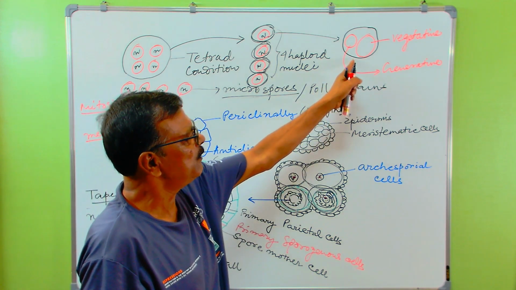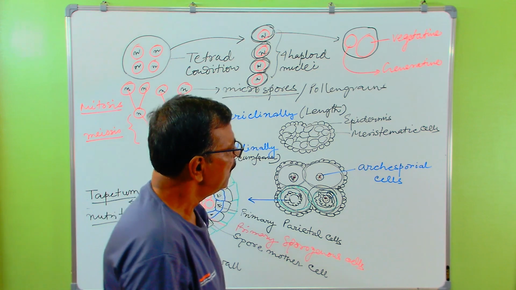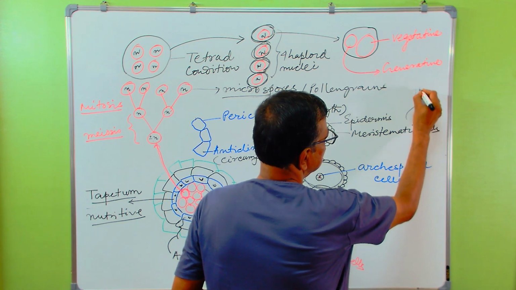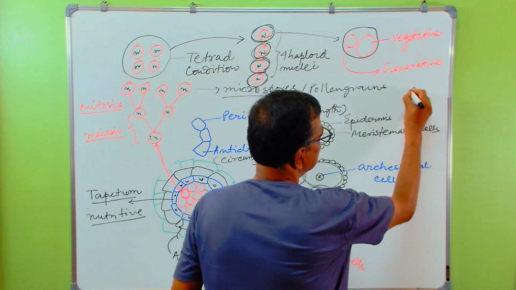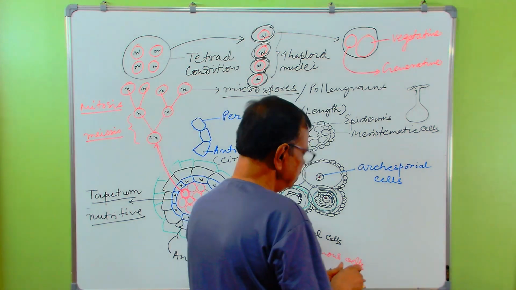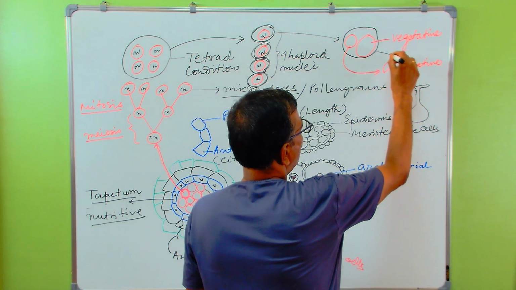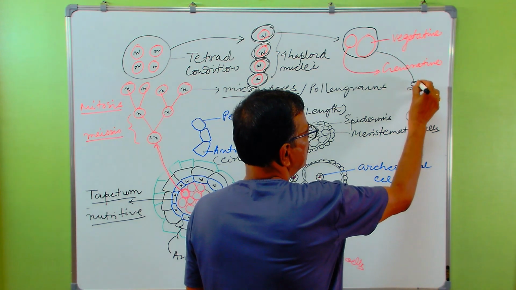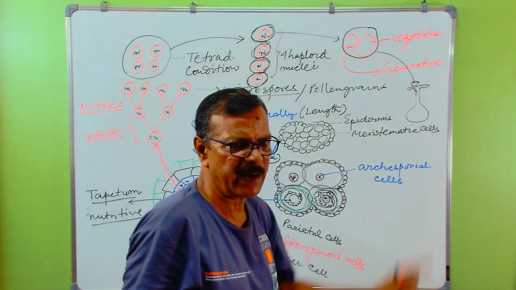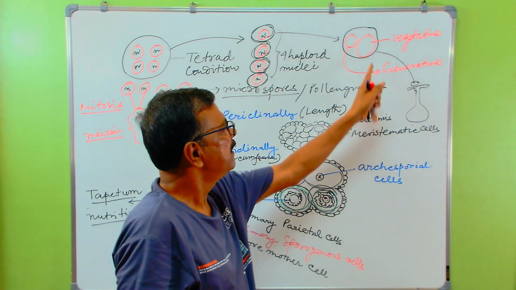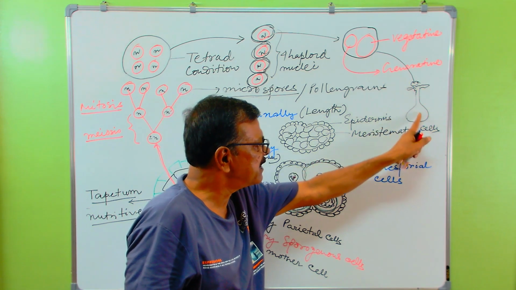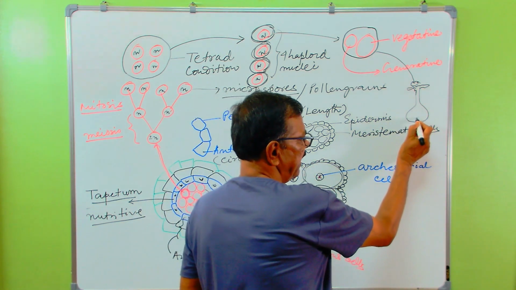When this falls over the stigma, it will grow and generate, which I am coming to later. It will fall on the stigma of the ovary, penetrate, and fertilize the egg or ovum there.